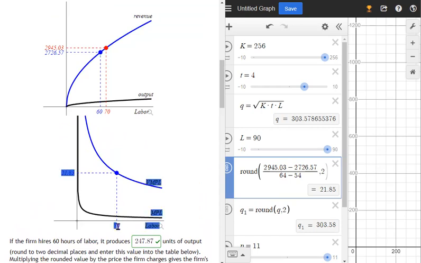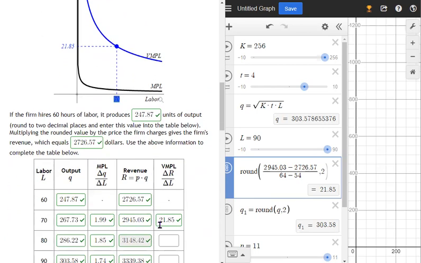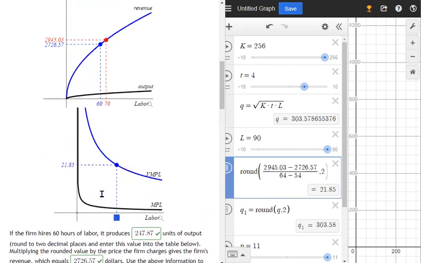At 70 hours of labor demanded, the value of marginal product of labor is 21.85, which was this value here.